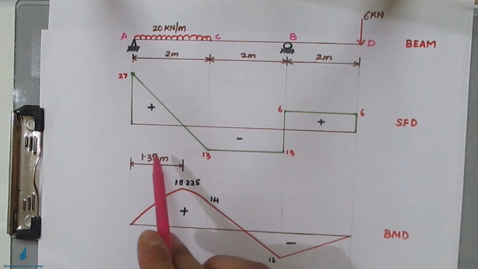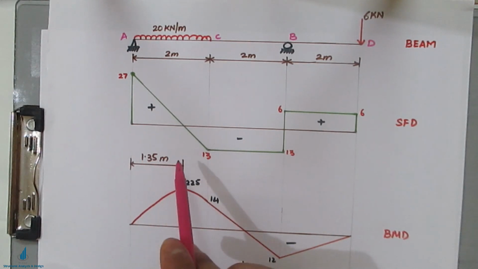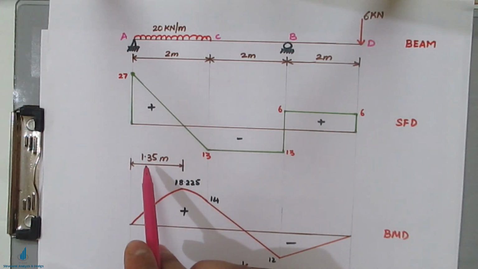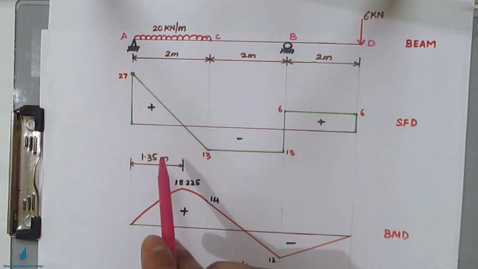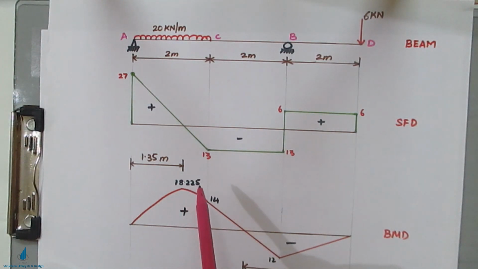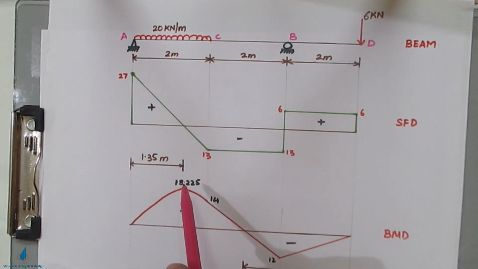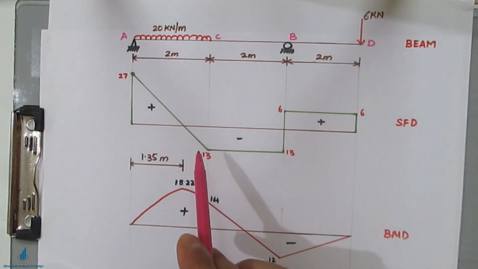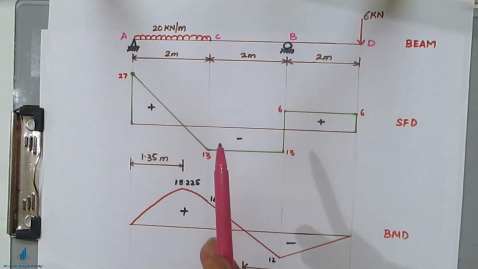That's why we made that shear force equation equal to 0 and calculated the value x, that is 1.35 meter. That x value we substituted in the moment equation for AC span and got the value as 18.225 kilonewton meter. So this is how you calculate the maximum bending moment ordinate when the shear force changes its sign from negative to positive or positive to negative.